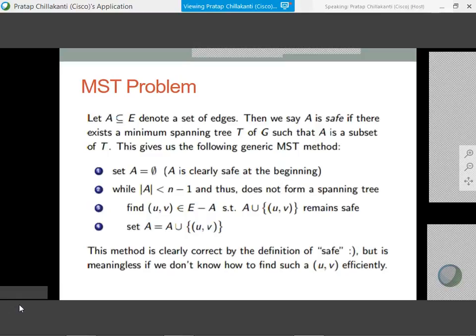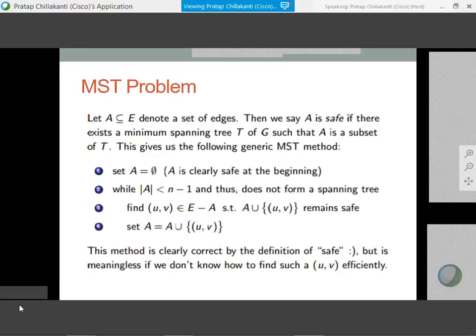Where do you find that edge? In E minus A. E is the total set of edges, and A is what you are adding. Whatever you added, you subtract from E. That way, when you do A union that new (u, v), it will still remain safe.